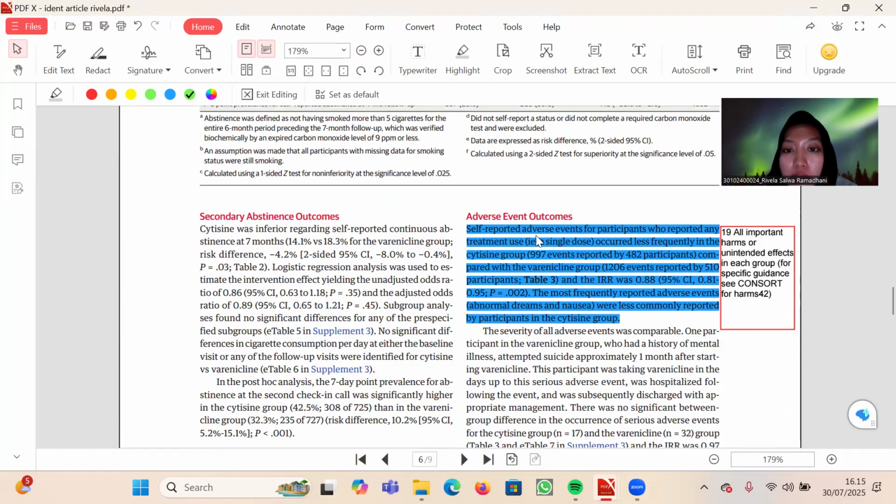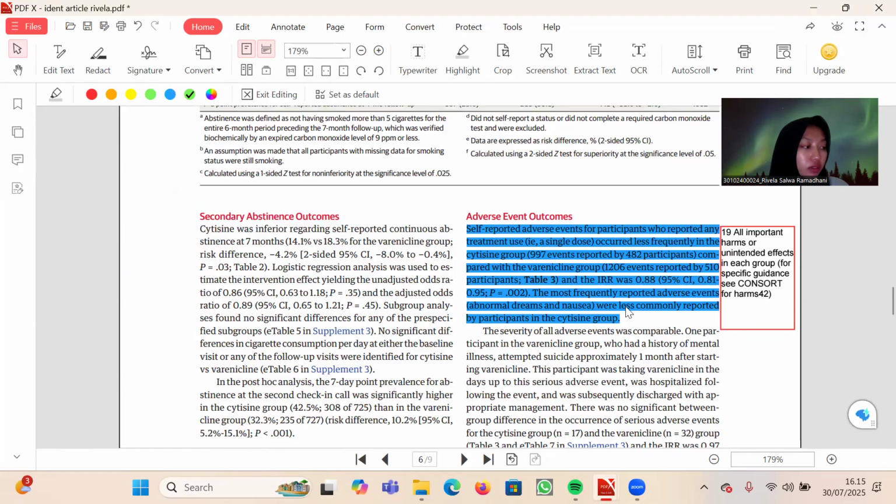Self-reported adverse events among participants who reported any treatment use occurred less frequently in the cytisine group compared with the varenicline group, as shown in Table 3. The most frequently reported adverse events, abnormal dreams and nausea, were less commonly reported by participants in the cytisine group.